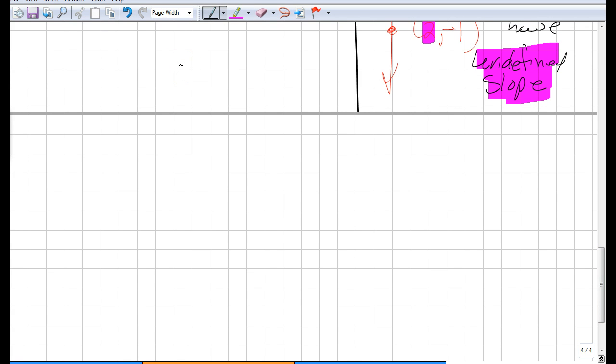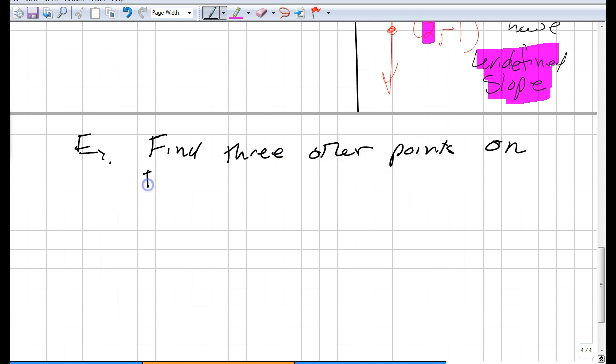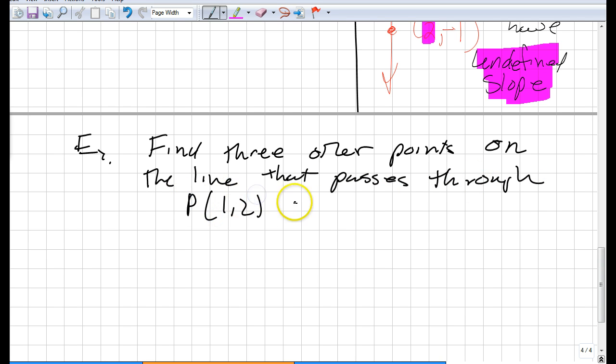So let's say, for an example, I want to find 3 other points on the line that passes through the point 1, 2 and has slope of 2/3, or 2 over 3.